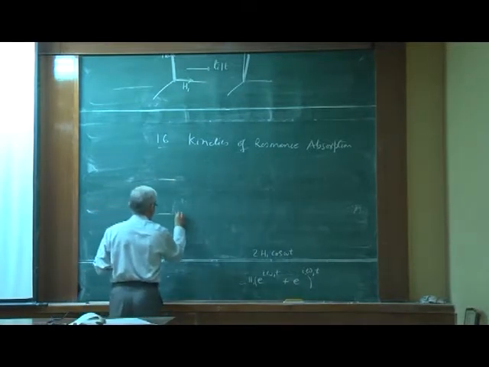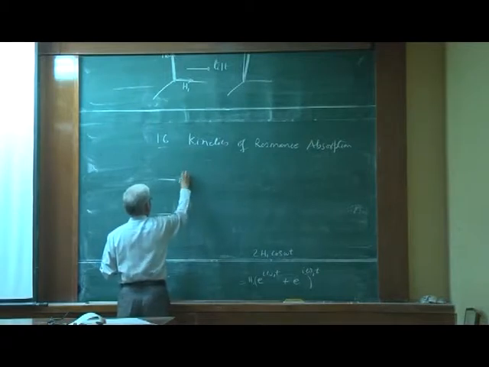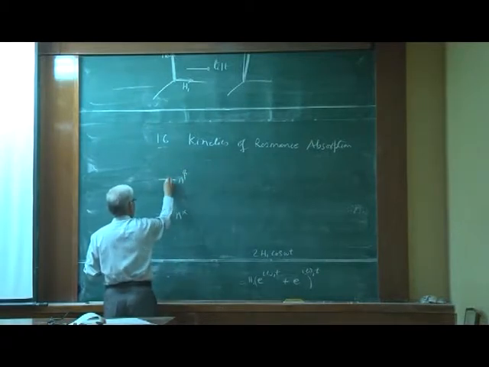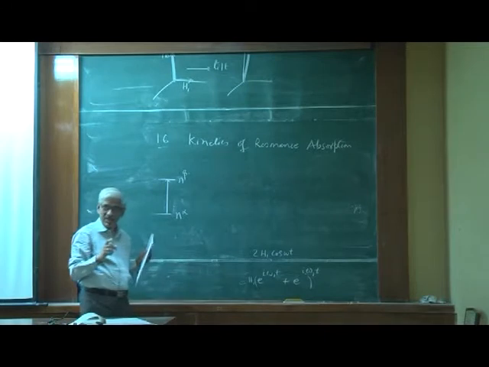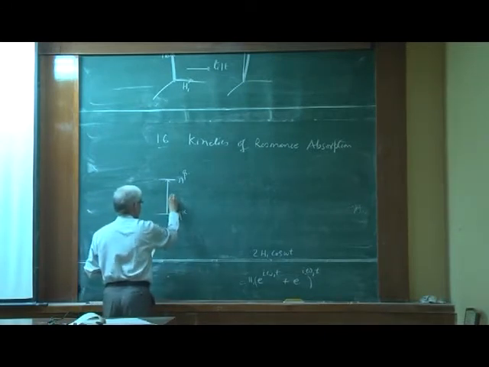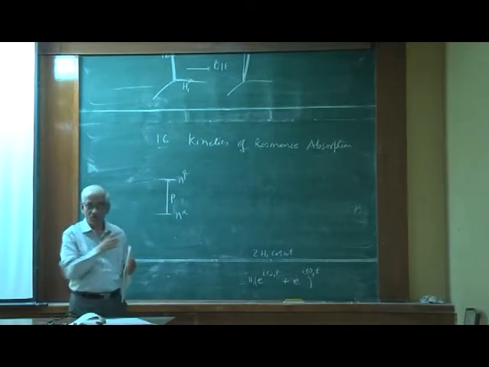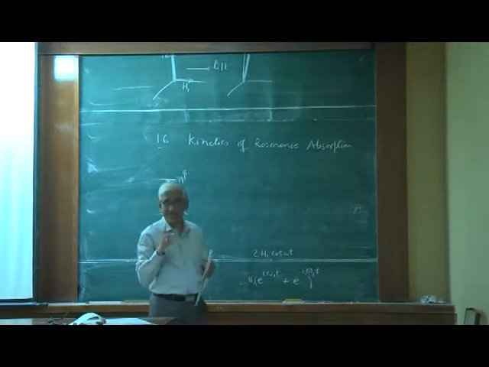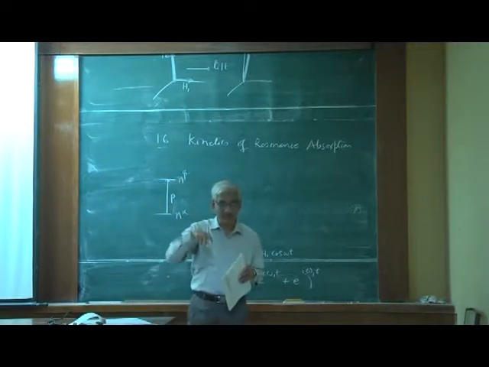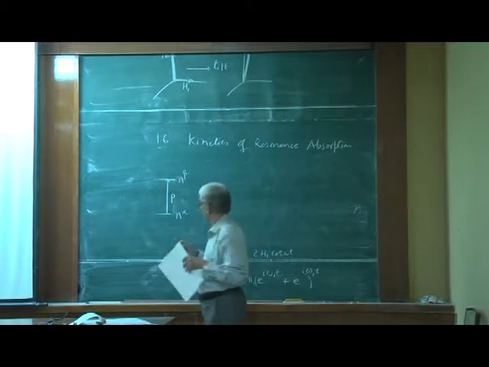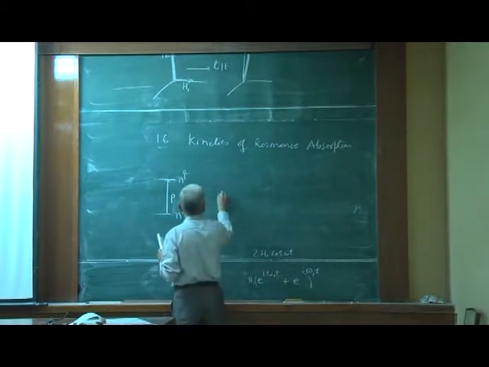Let's say the population here is n alpha, population here is n beta, and the transition probability caused by the RF is P. Now we notice this transition probability is the same upward or downward. This is RF induced. So RF induced, what is the transition probability?